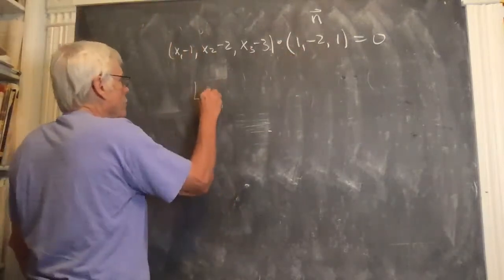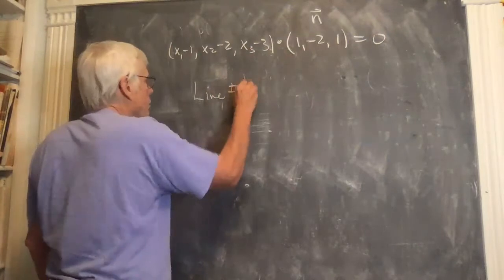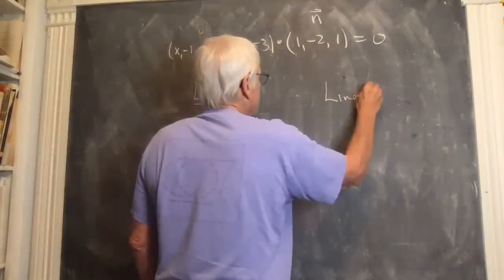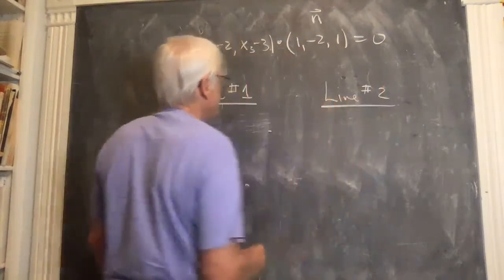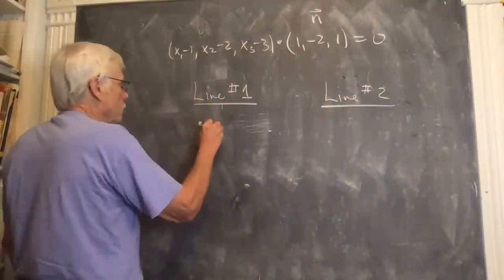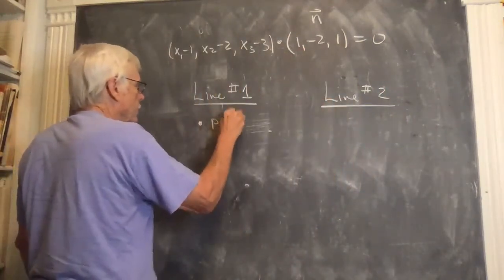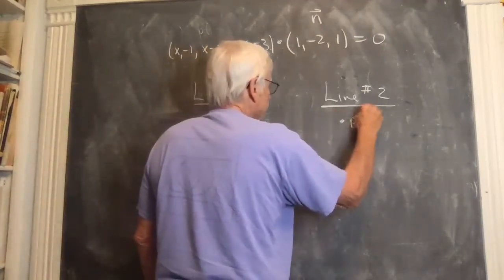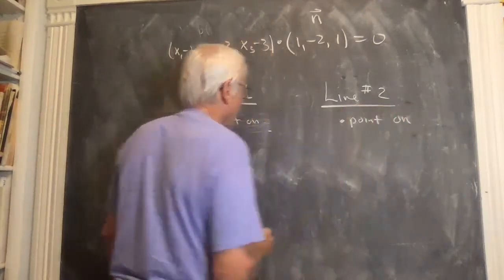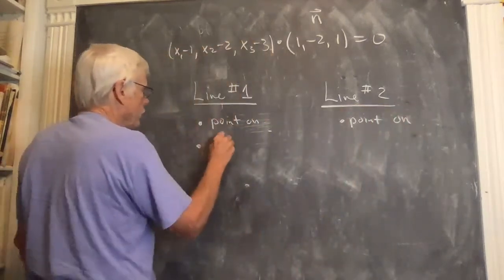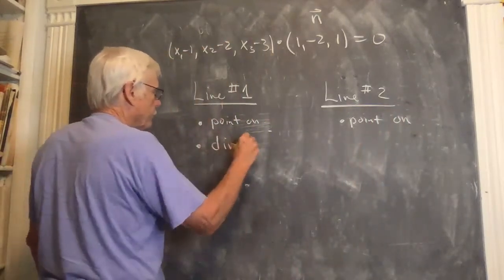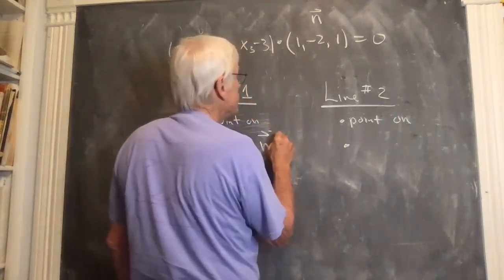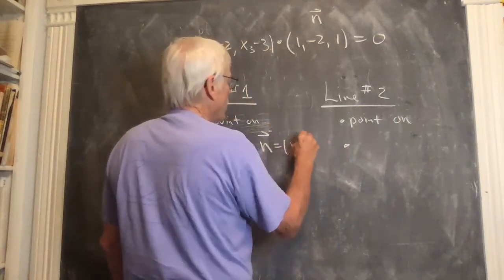So line 1 and line number 2, we'll need a point on in either case. And we'll need a direction. And the direction in either case will be this n, (1, -2, 1).